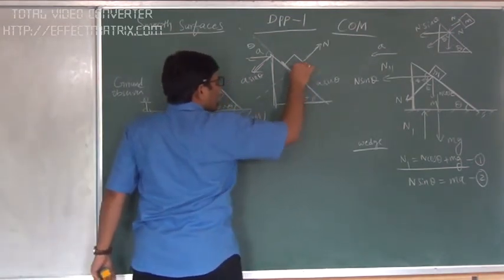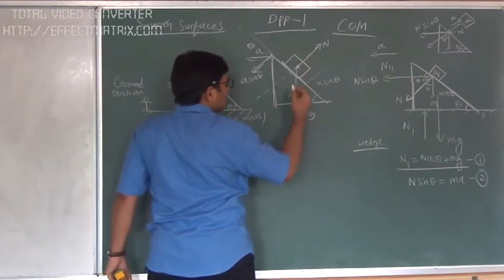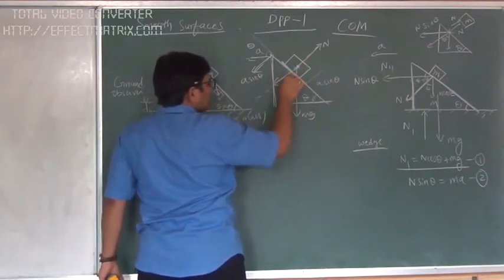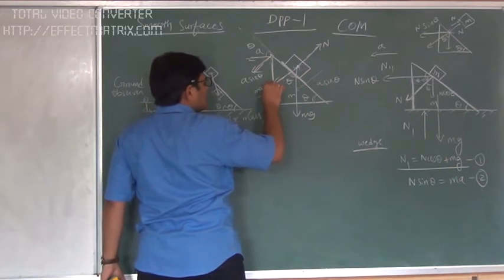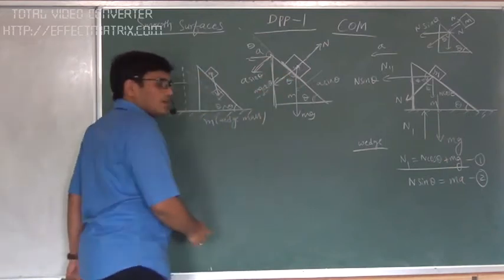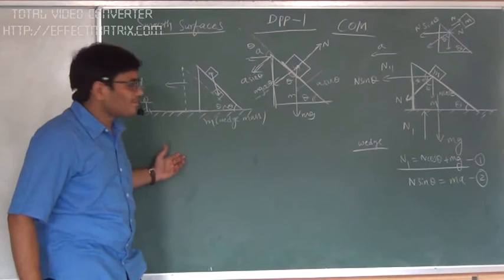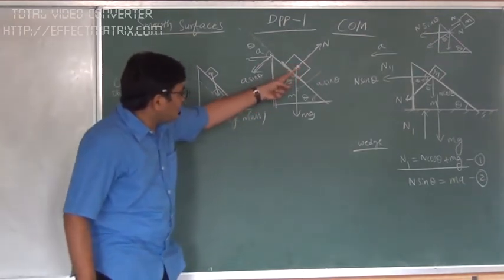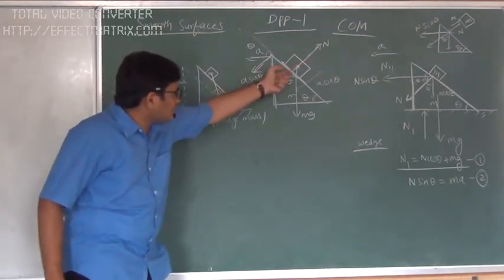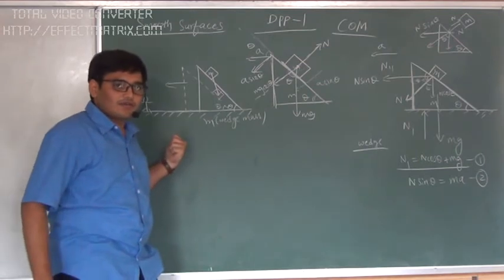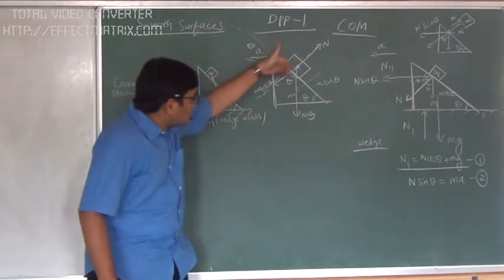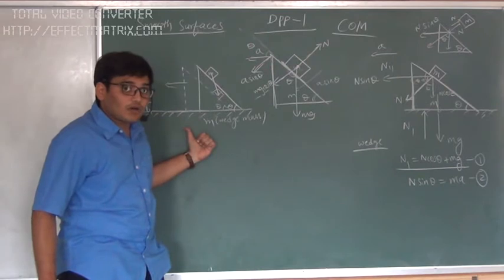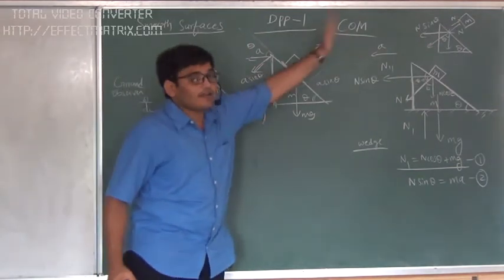N and mg, and this component is mg cos theta. Now what is the feeling of the ground observer? This m has acceleration A sin theta in this direction, and the forces in this direction are mg cos theta and N on that side.